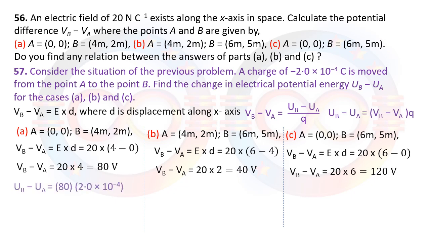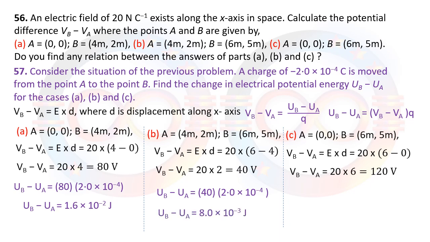Now the change in potential we have already obtained. Look here, in case A, the change in potential energy is equal to the change in potential into charge. So the change in potential is 80, the charge is 2 into 10 raised to minus 4. We can just multiply and that will be the amount of work done. Similarly in part B, 40 into 2 into 10 raised to minus 4, it is 8 into 10 raised to minus 3 joule.